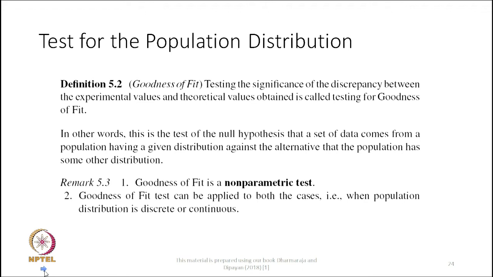You are not making a statement about the parameter, therefore this is also called a non-parametric test. There are many more non-parametric tests, but this is one of the very important ones, the goodness of fit. And this can be applied to both discrete type and continuous type random variables. That means the underlying distribution of the population can be of a discrete type or a continuous type.